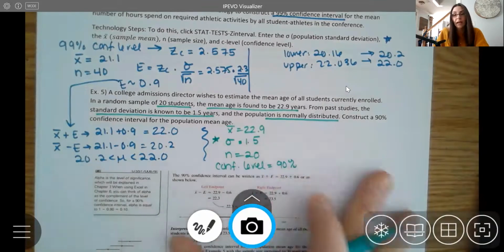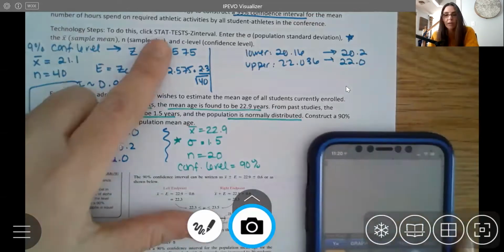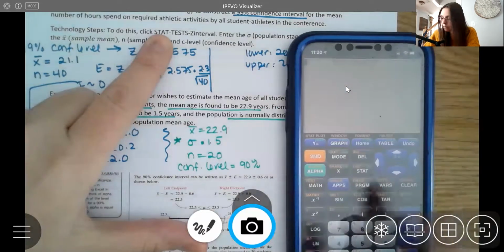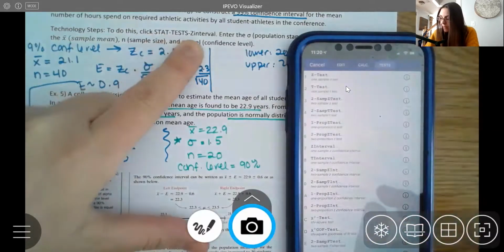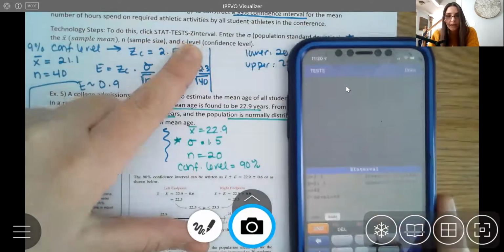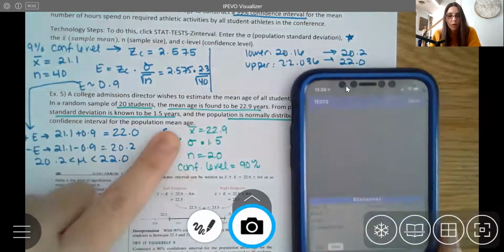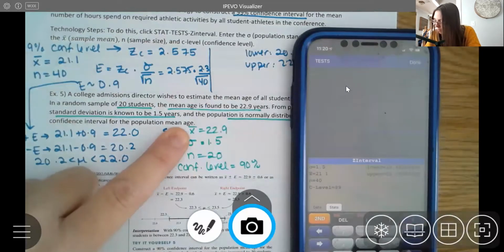So I'm going to do this one on the calculator. And again, I'm going to just follow these steps. I'm going to hit stat first, then over here to tests, and then I want Z interval. Now I'm going to enter my information. So my sigma is 1.5. My mean is 22.9.